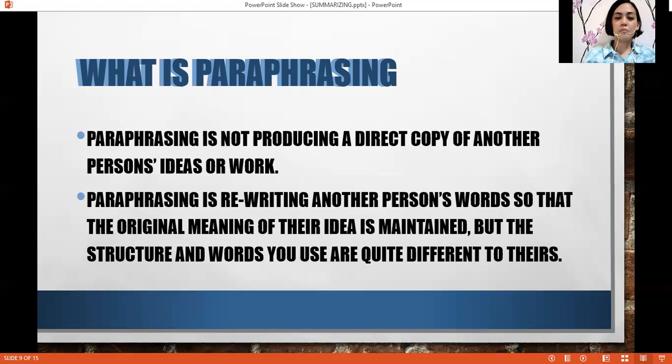Turnitin is a software used for checking the plagiarism of a research work, and the acceptable percentage of similarity in research works is only below 10%.